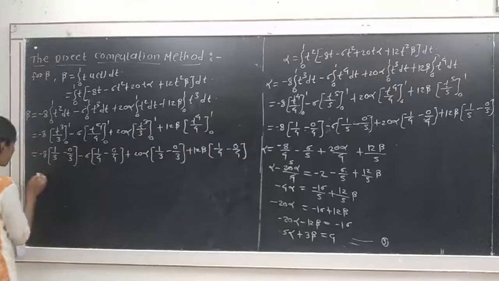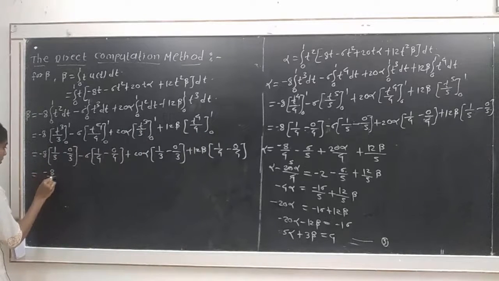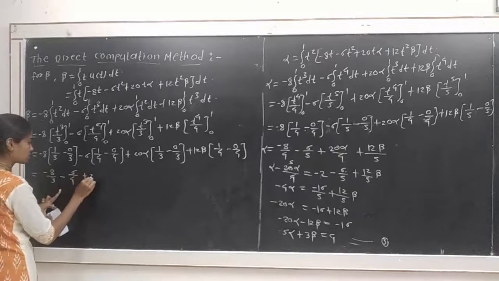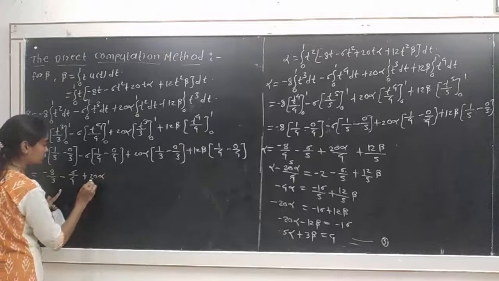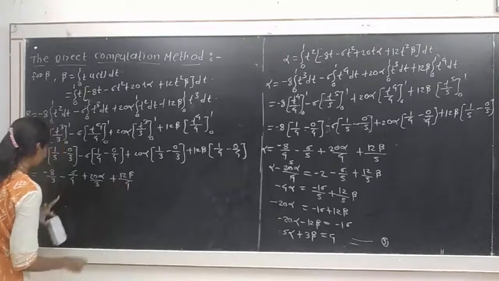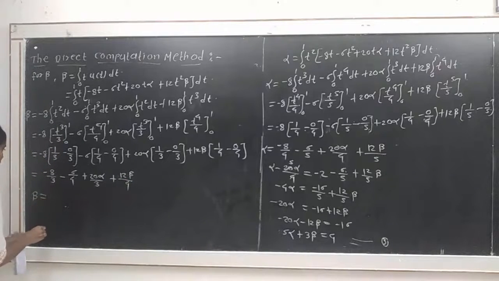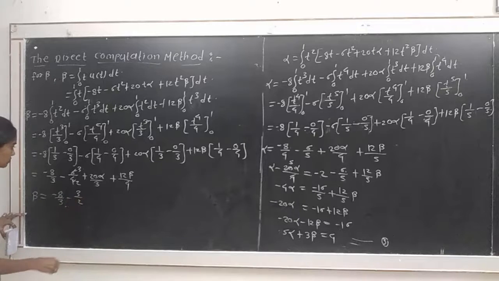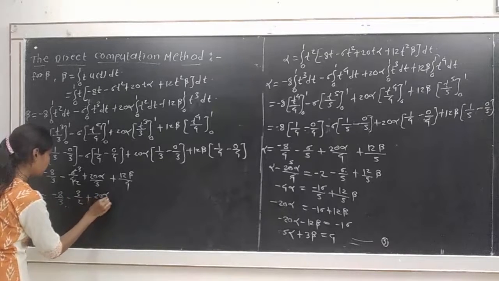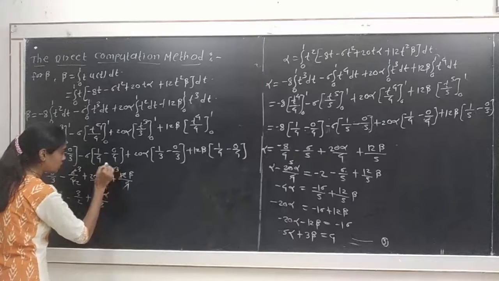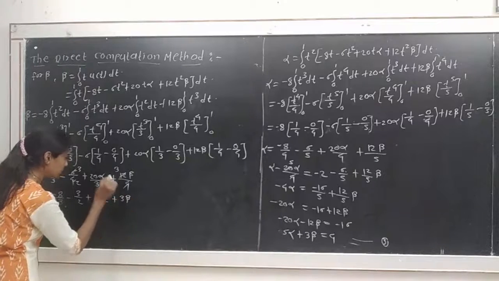Then by solving this we get minus 8 divided by 3, this becomes 0, minus 6 by 4, plus 20 alpha divided by 3 plus 12 beta divided by 4. So we get beta is equal to minus 8 by 3 as it is, then this will be minus 3 divided by 2, plus 20 alpha divided by 3, and 4 threes are 12, so we get plus 3 beta.